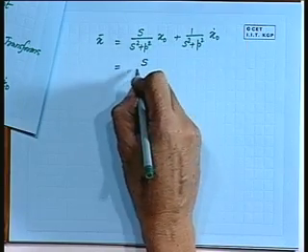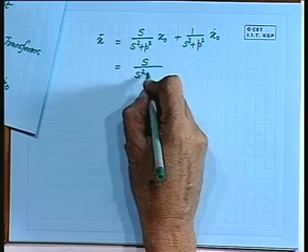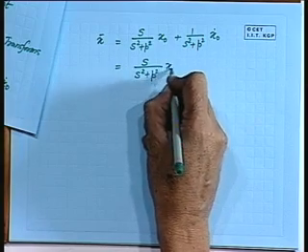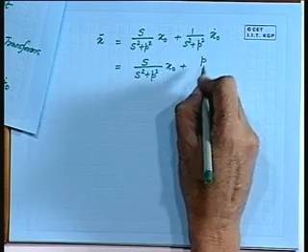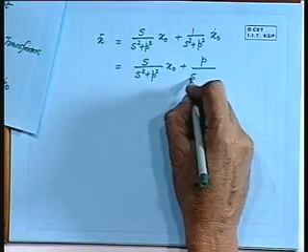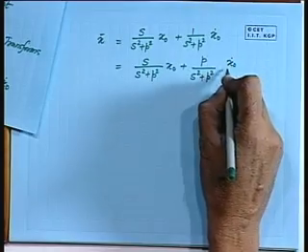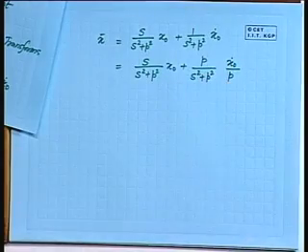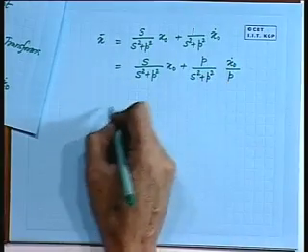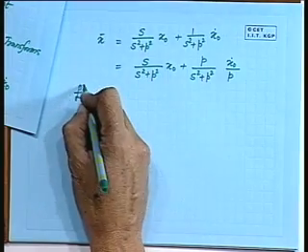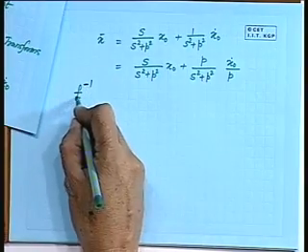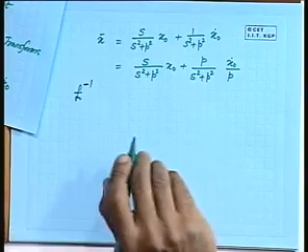This I will do a little manipulation. I multiply by p and then I divide it by p, and then I will take the inverse of this. This is the notation, and once I take the inverse I get the solution.